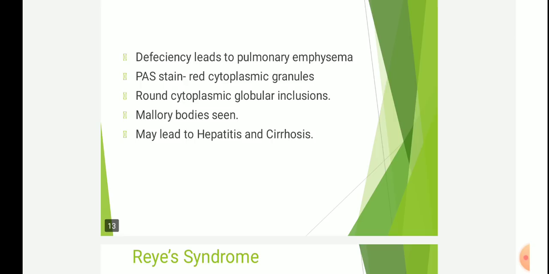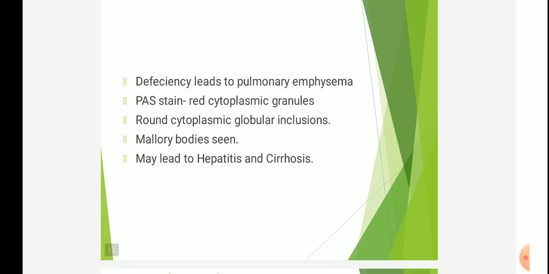So what do you see basically here? This deficiency leads to pulmonary emphysema, a clinical complication here. That is a basic important finding. With PAS stain, periodic acid Schiff stain, red cytoplasmic granules are visualized, round cytoplasmic globular inclusions.